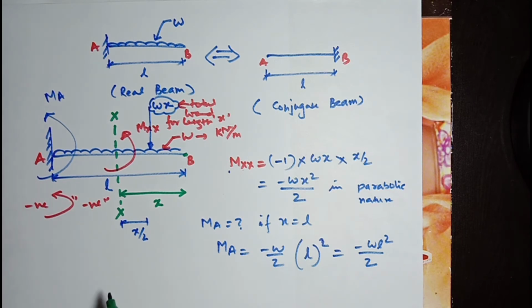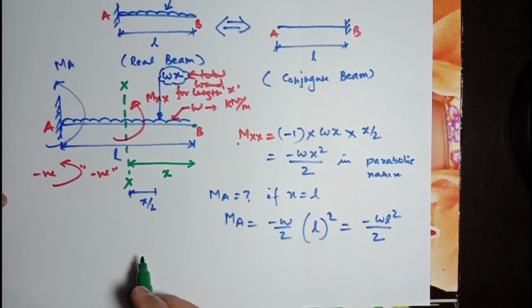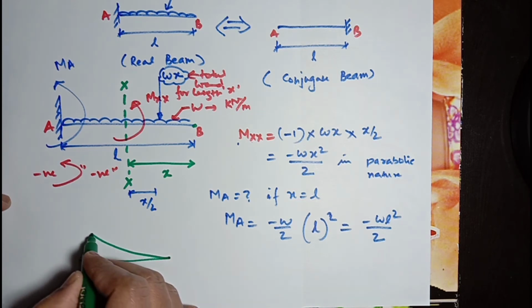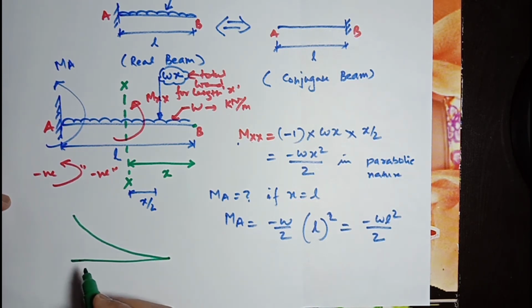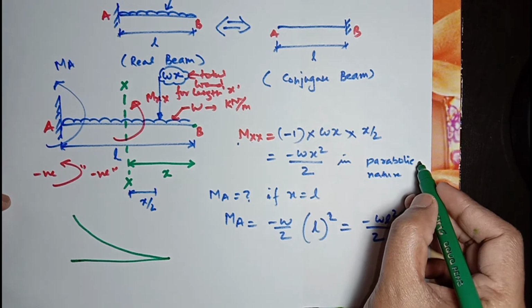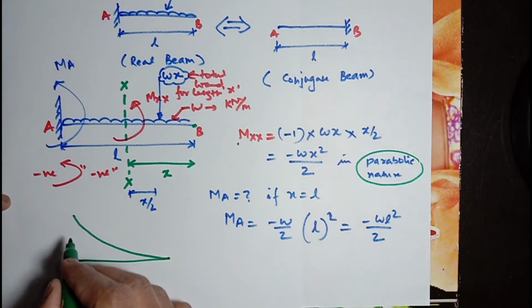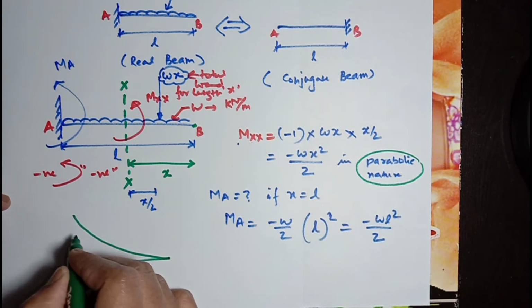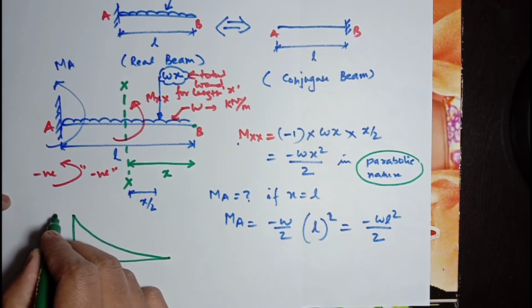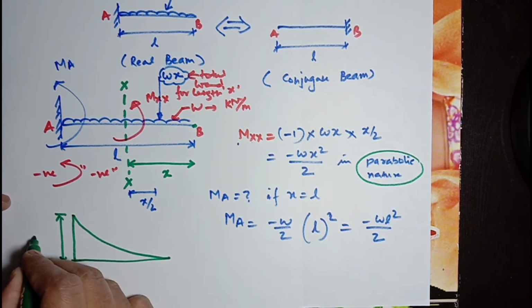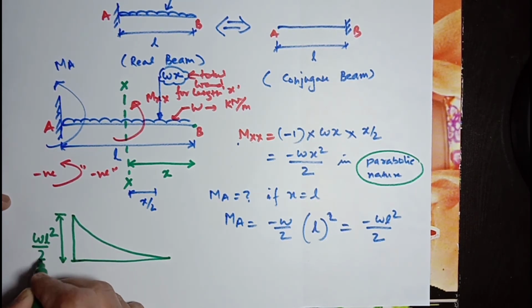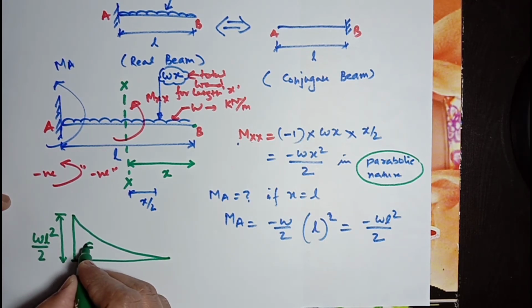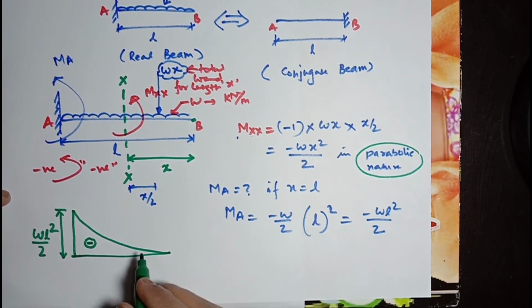So BMD will be, this is a bending moment curve having a parabolic nature, so we will draw the bending moment curve in this manner, and its value will be WL square by 2. It's a support moment, so it will have a negative sign.